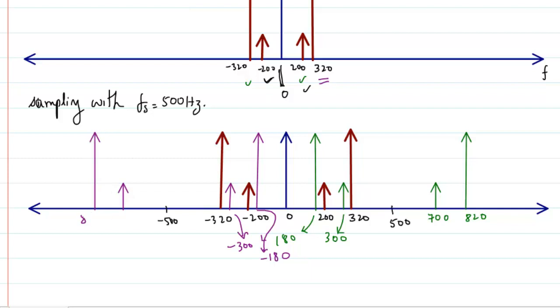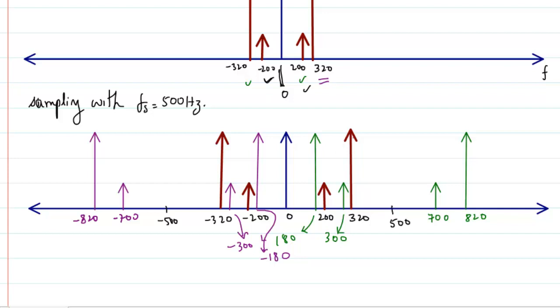So it is going to be minus 820 and minus 700. So now you can see this particular color goes for a spectrum which is shifted in the negative axis, and the green one is for the spectrum which is shifted in the right axis, and the brown one that you see, the big one, is all in the center.